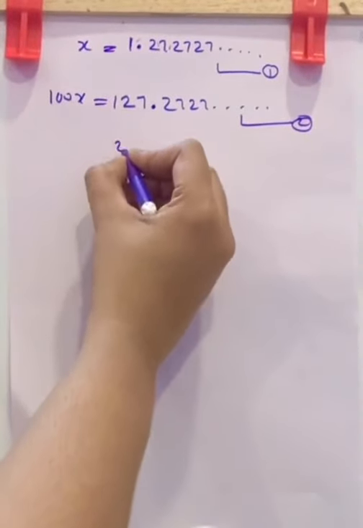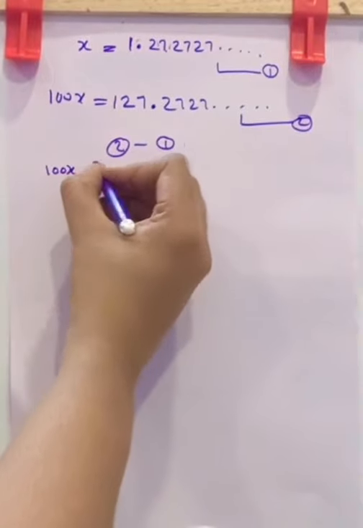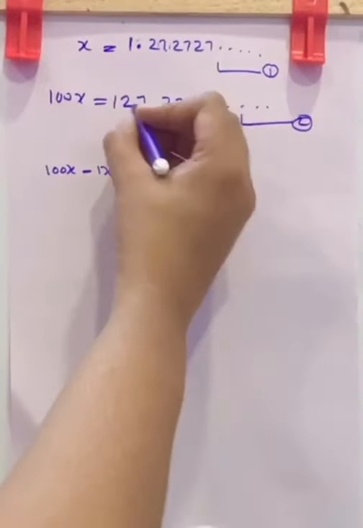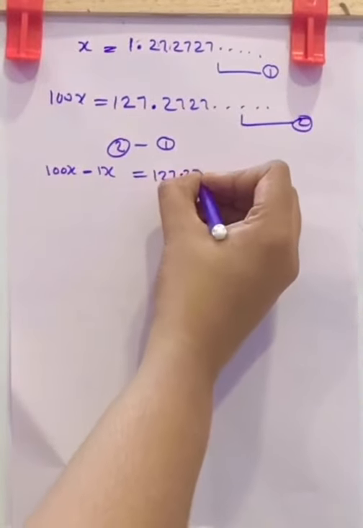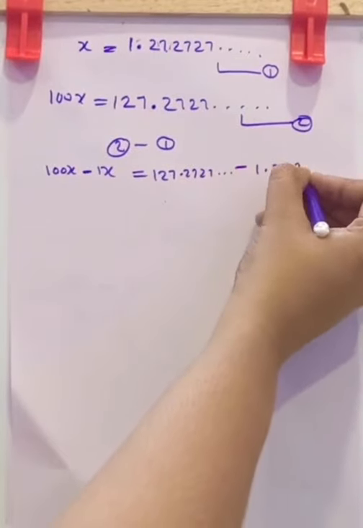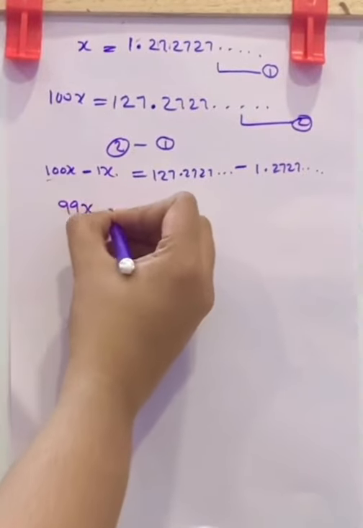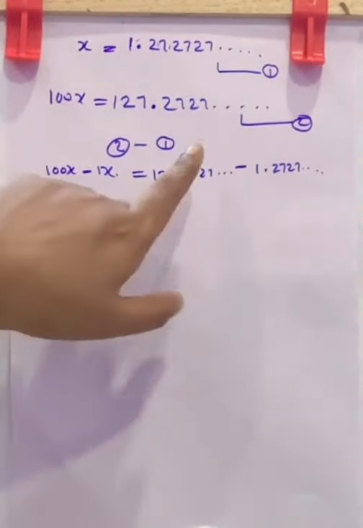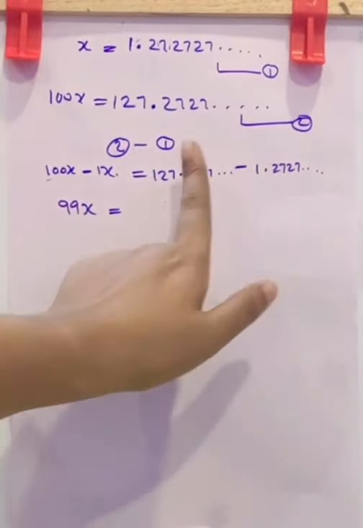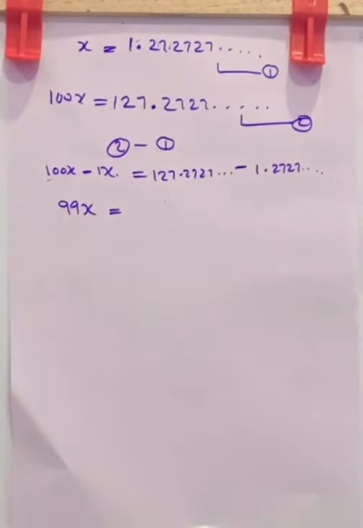Now subtracting 1 from 2, you get 100x minus x, where x means 1x, is equal to 127.2727 etc. minus 1.2727 etc. Here it becomes 99x is equal to, this 0.2727 part and that 0.2727 part will cancel. The rest is 127 minus 1, that is the whole number part.